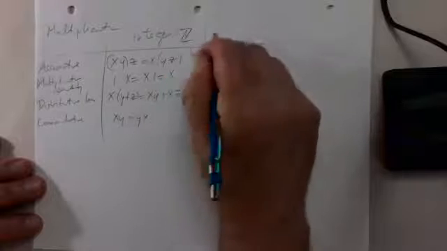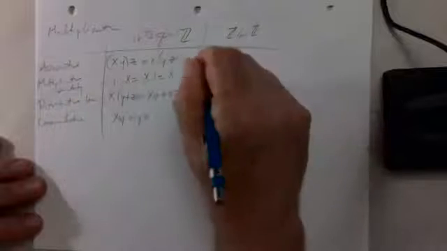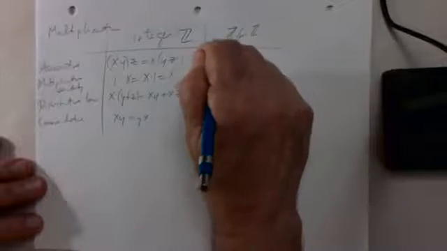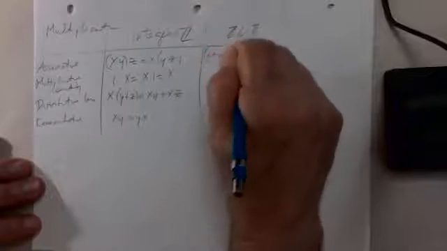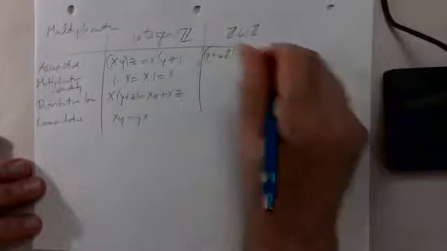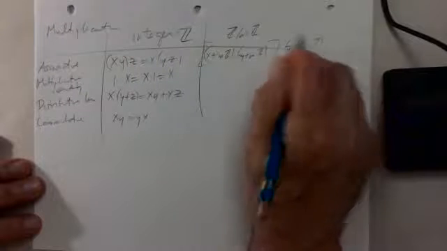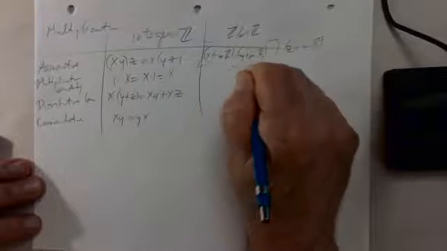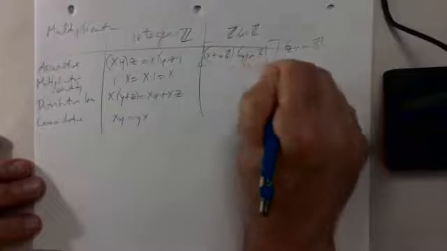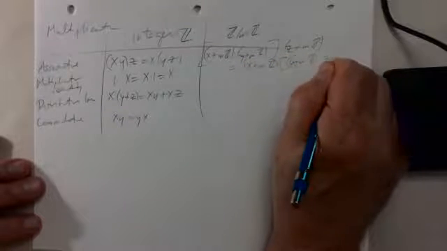Now, it turns out you have similar properties in the congruence classes Z mod mZ. Multiplication is associative. If you have x plus mZ times y plus mZ, and you multiply that times z plus mZ, that's exactly the same as x plus mZ times the product of y plus mZ and z plus mZ.